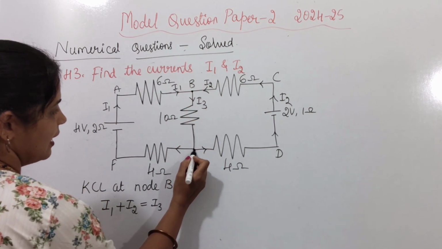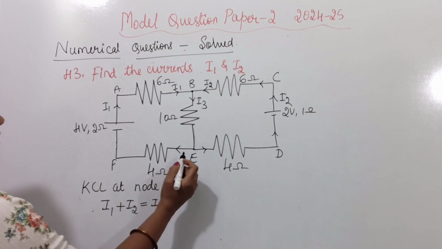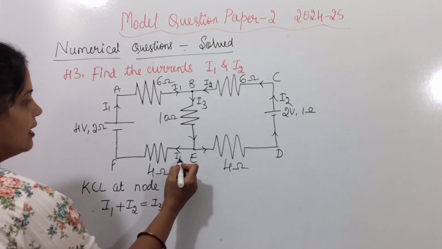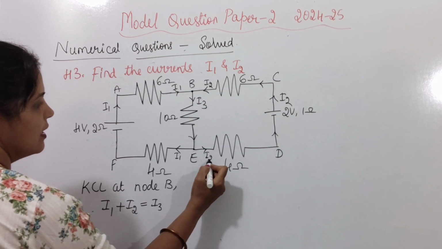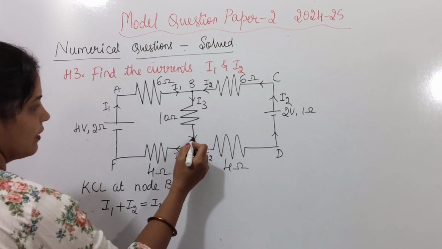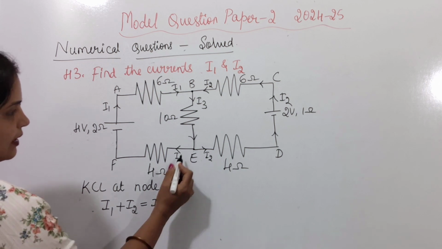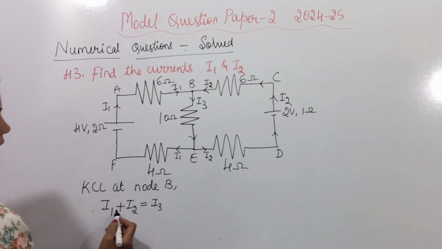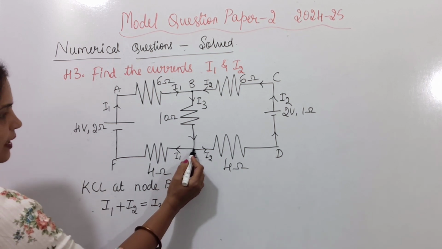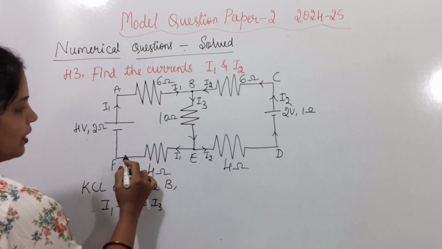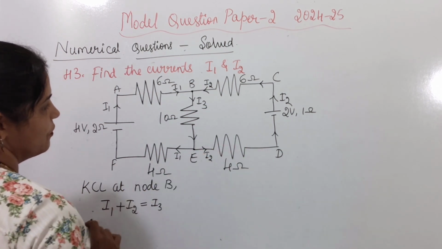And at this point E, I3 is entering and I1 is leaving, and here I2 is leaving. I3 amount of current entering is equal to total current leaving. I3 is entering, I1 and I2 are leaving, so I1 plus I2 is I3 at this point. In this branch I1 is flowing and in this branch I2 is flowing.